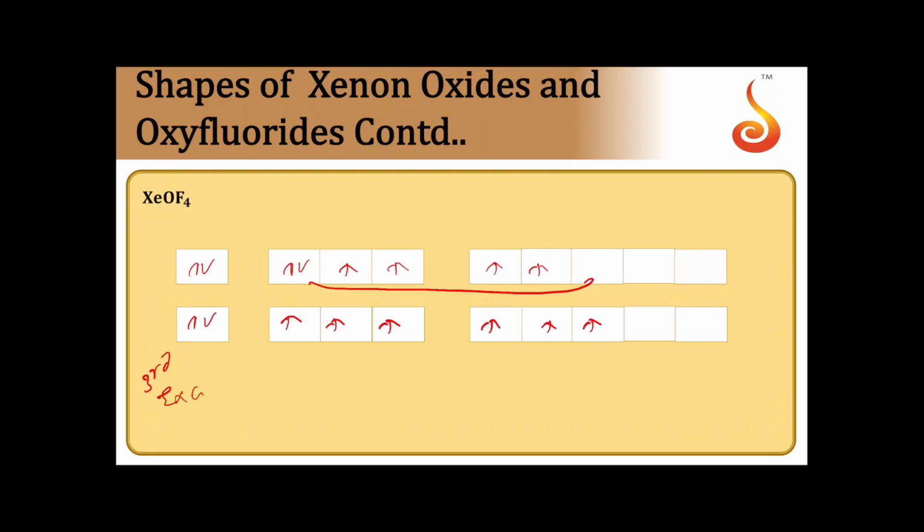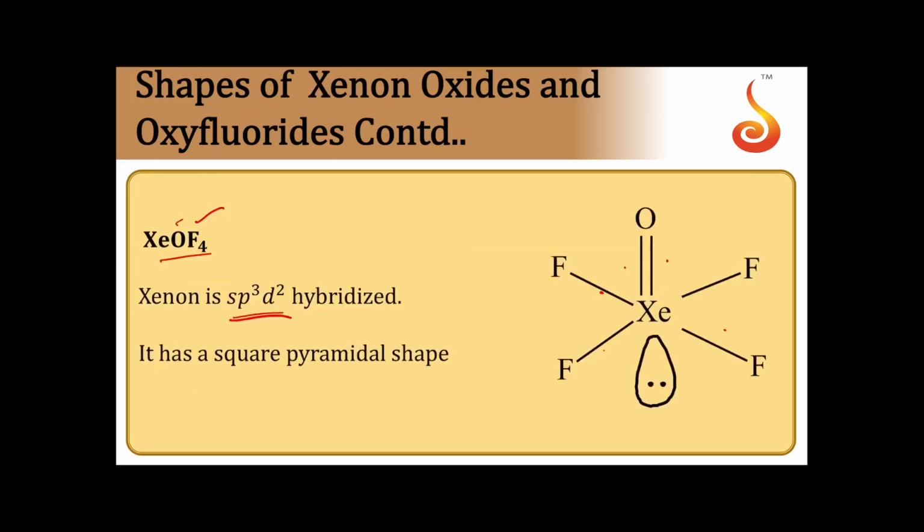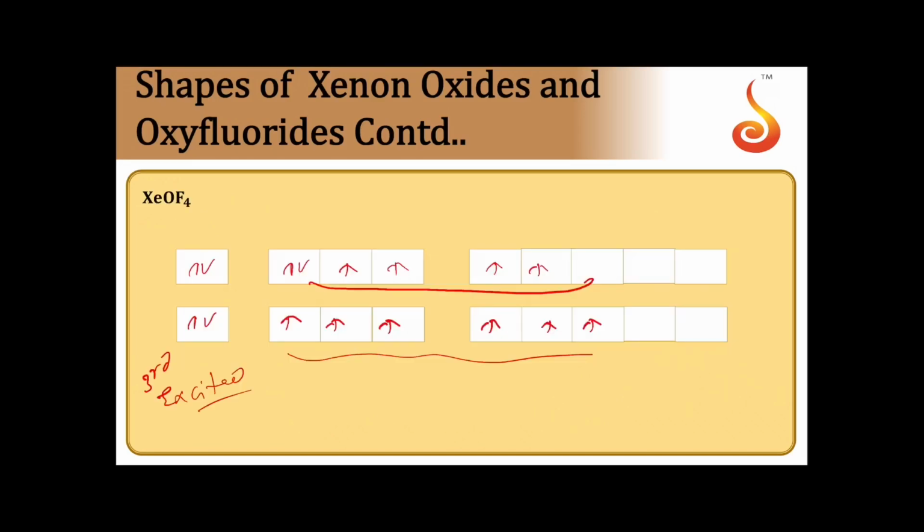The number of electrons is 6, therefore it can form 6 bonds altogether: 1, 2, 3, 4, 5 and 6. Lone pair is equal to 1. Therefore, sp3d2 with 1 lone pair forms a square pyramidal structure. So it will be the third excited state.